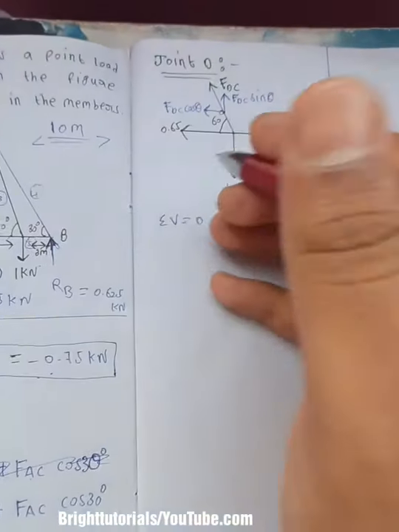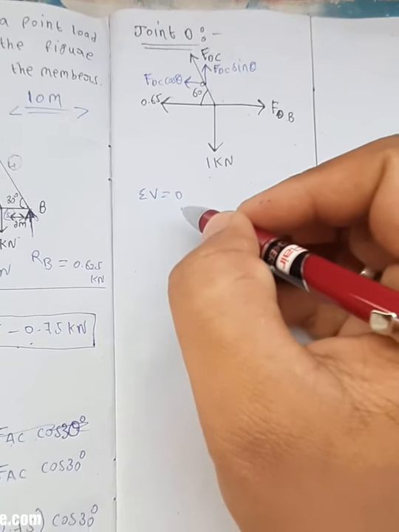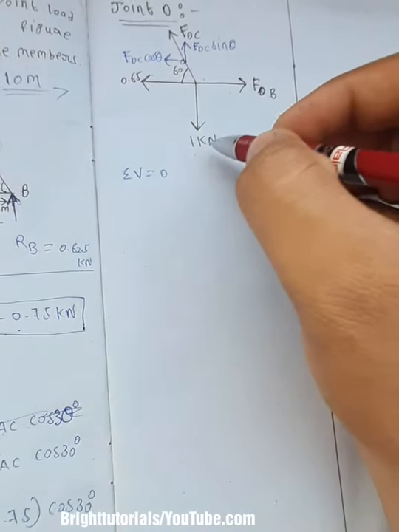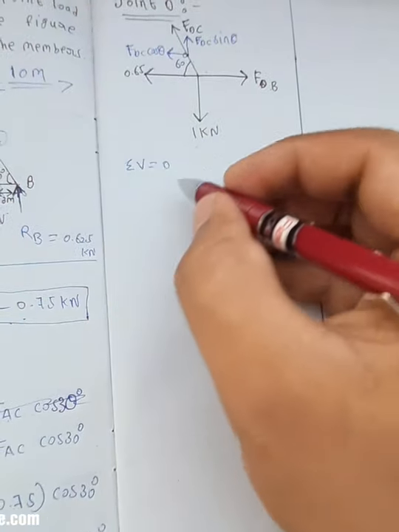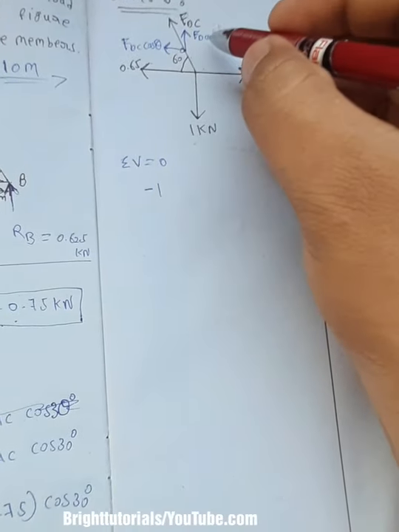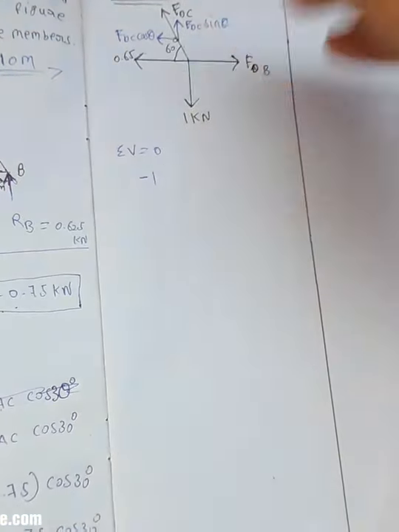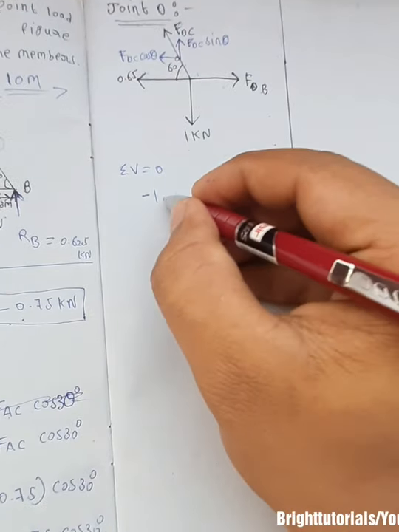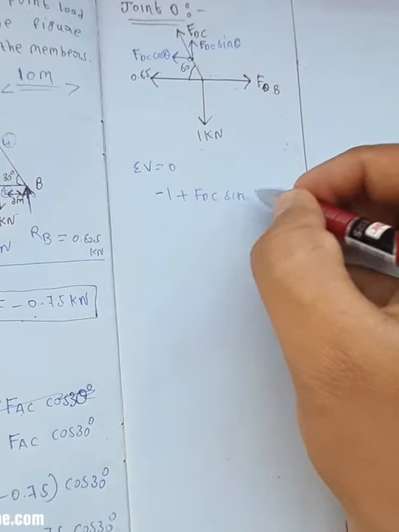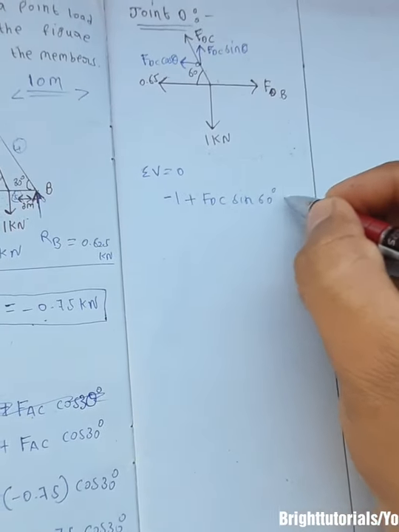So now summation of vertical forces equals to 0. This is the vertical force which is downwards, means minus 1, and the vertical force FDC sine theta is going upward, so plus FDC sine 60 degrees equals to 0.